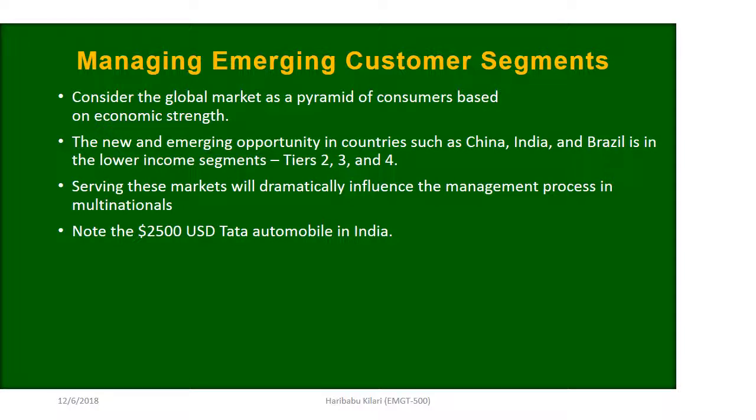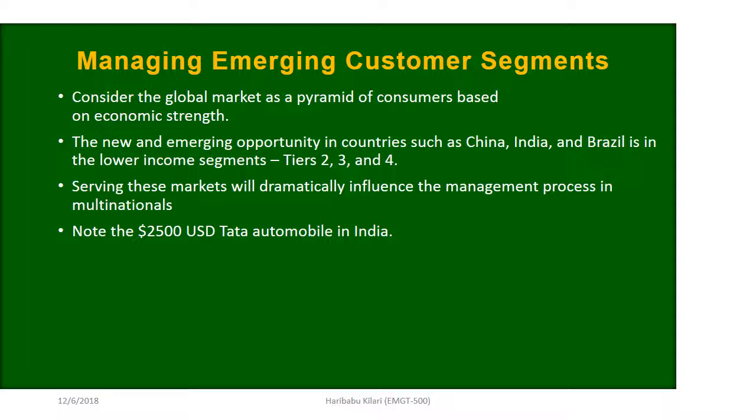Let's recap the Prahlad points on managing emerging customer segments. So his first point is consider the global market as a pyramid of consumers based on the economic strength. As I showed in my first slide or second slide, the pyramid is containing the emerging market customers from the bottom of the pyramid, and the strength is based on the customer base compared to the spending.